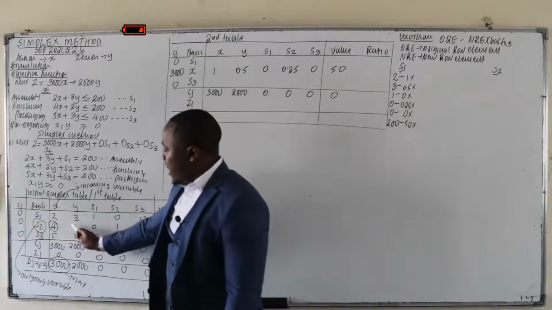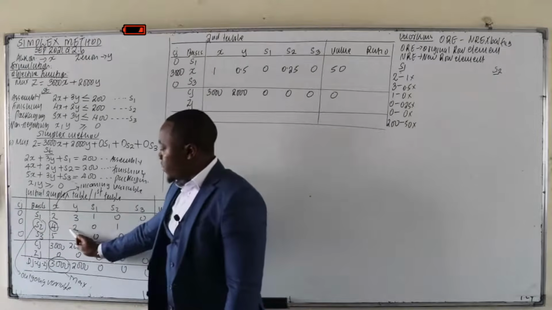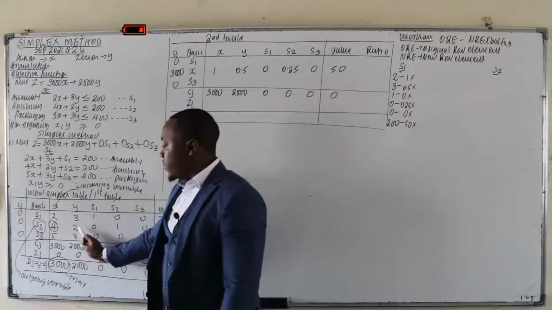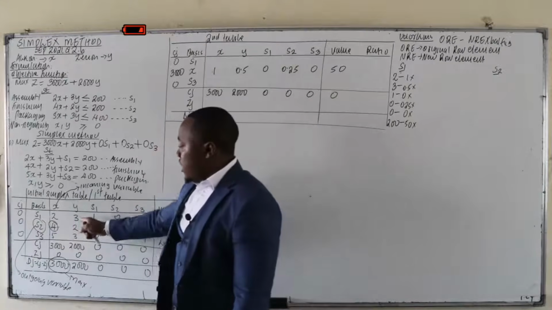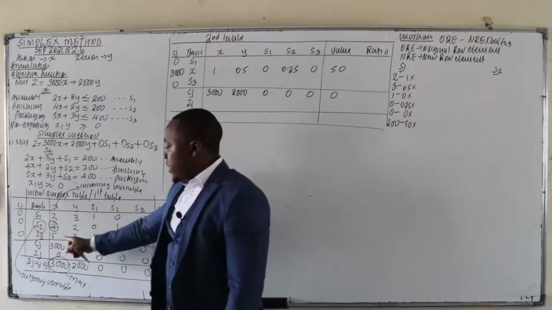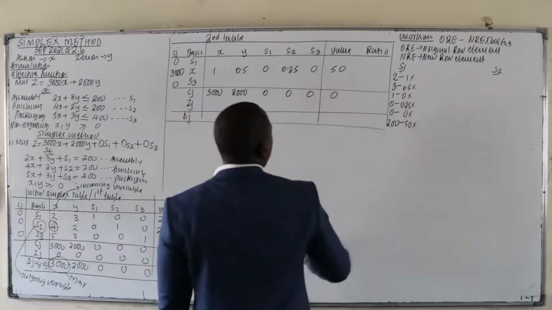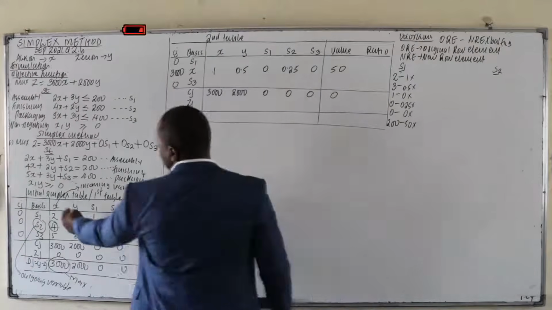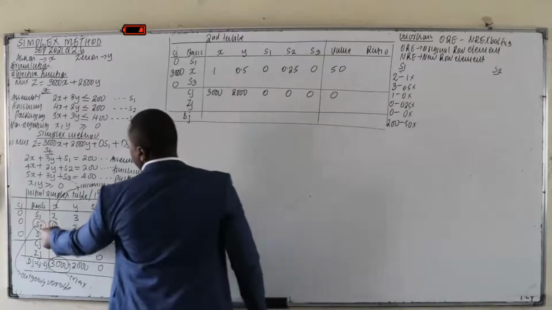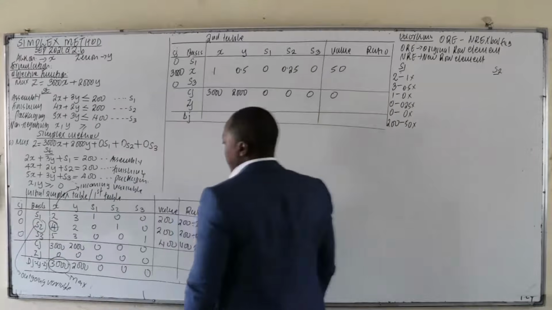The pivot is the turning point between the maximum and the minimum. In this case, you multiply by the balancing figure, which for S1 is 2.